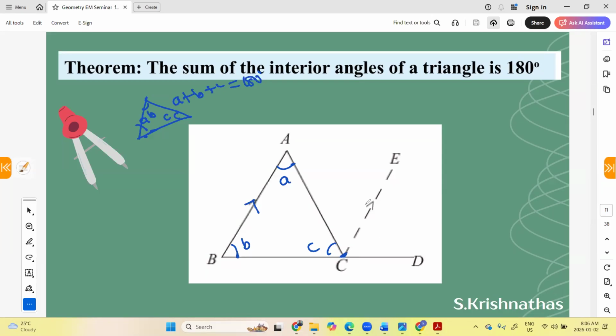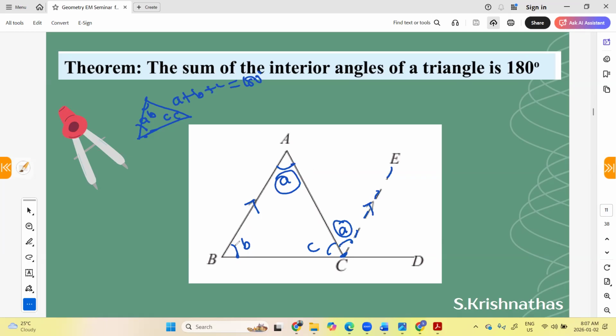This is the construction line, indicated by the dotted line. Okay, what is the construction? A line drawn from C parallel to BA, that is CE. Now, if this one is A, what is the reason, students?